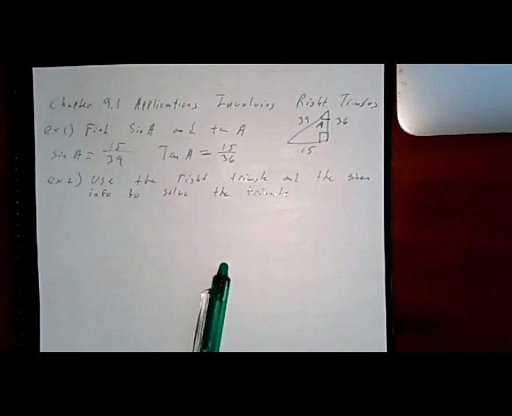Okay, one second. Let's see if I have that triangle somewhere. I do not. That's fine. Let's start with something simple.